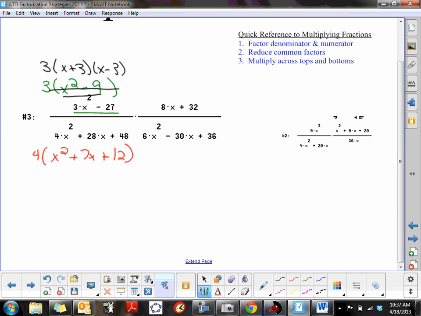Don't give up on this trinomial. If you factor out your monomial, this trinomial could factor again. So you've got to test it. Leave your 4 out there. It's part of it. Trinomials, if factorable, will go into 2 binomials. X and x, signs are the same, both positive. Factors of 12 to give you a 7, 4 and 3.